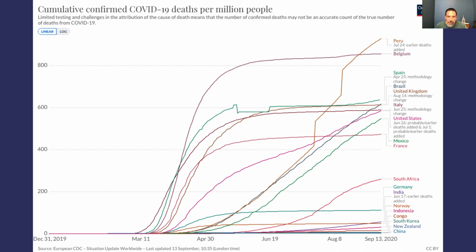But still, you see some concerning upward trajectories in the deaths per million population in Peru, and as we saw before, Brazil, the U.S., and Mexico. And here you can appreciate the upward rising trend in South Africa, which hopefully is headed towards a leveling off phase soon.